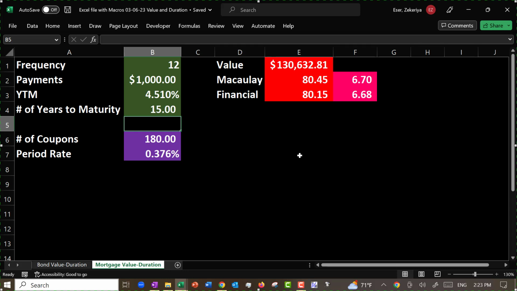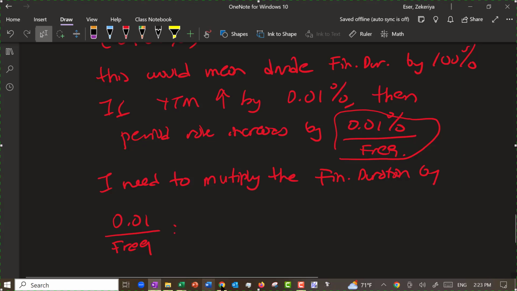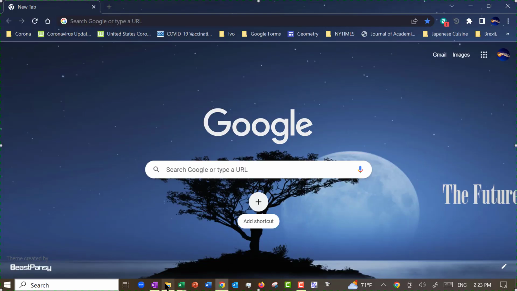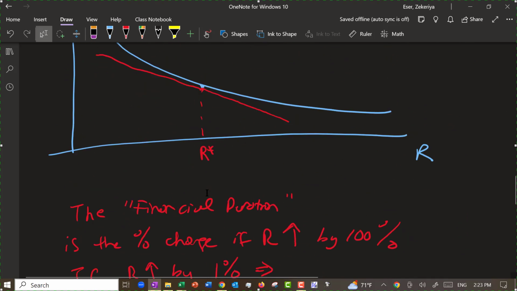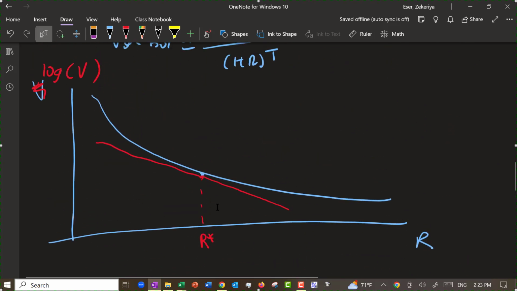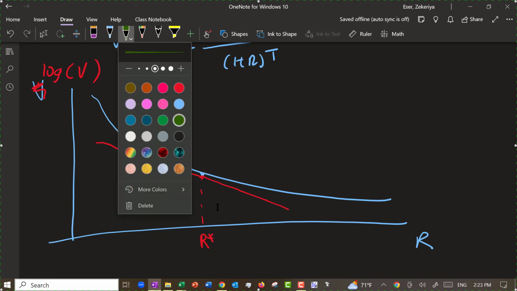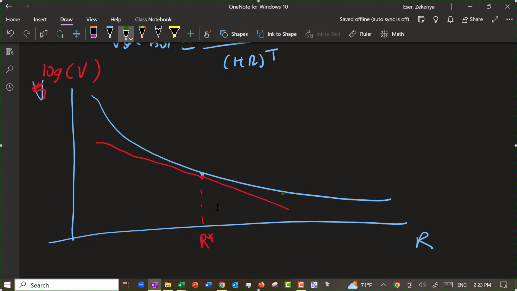One thing about what you want to call duration, it is not a constant number. And let's think about, for example, if interest rates are here, that tangent is going to be a lot flatter. That means duration is going to be lower.